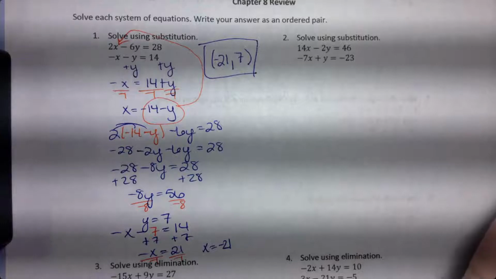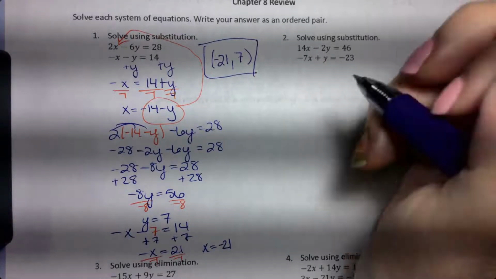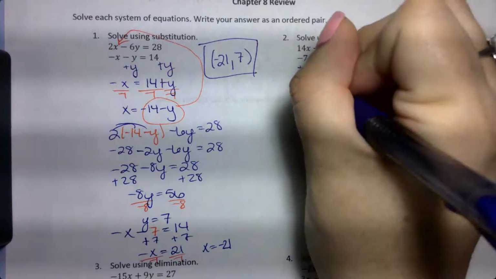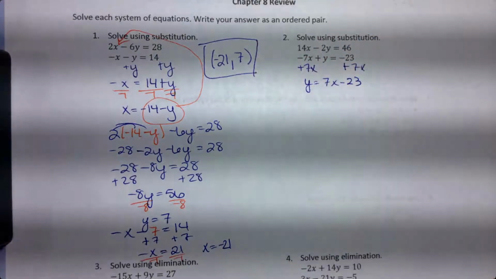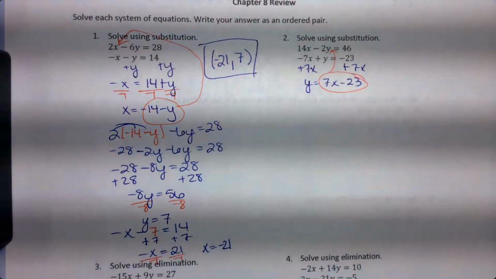Number 2 again is using substitution. I am going to choose to isolate the y in the bottom equation because it has no coefficient and the x does. So I'm going to add 7x to both sides. This gets me y equals 7x minus 23. I'm going to go ahead and plug this in for the y in my first equation.